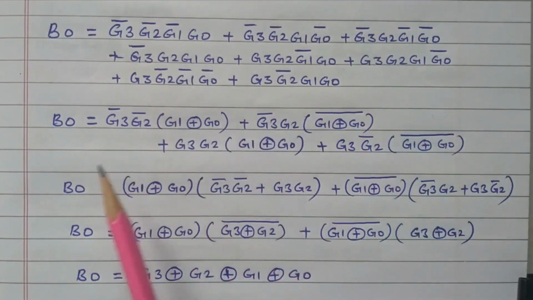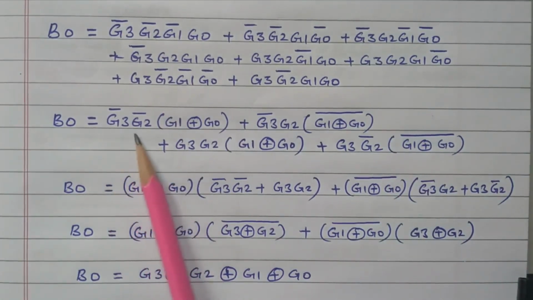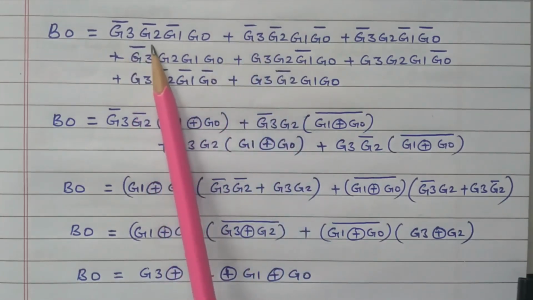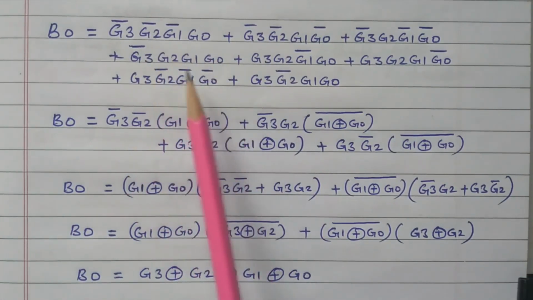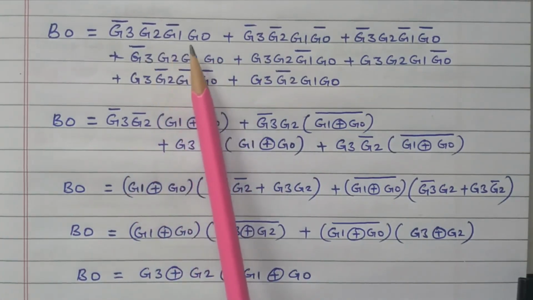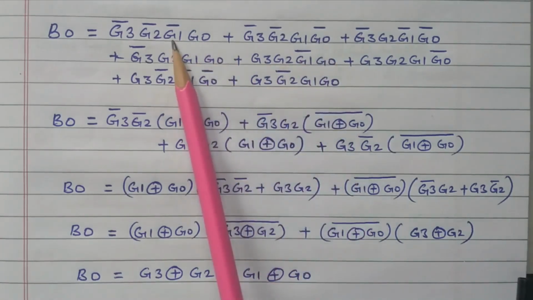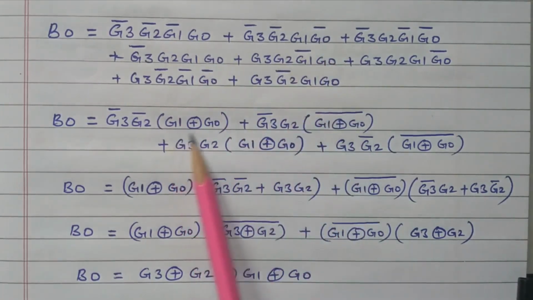So G3 dash and G2 dash is taken common from the first term and second term. While taking that out, what is available? G1 dash G0, G1 G0 dash. That is nothing but an XOR gate.